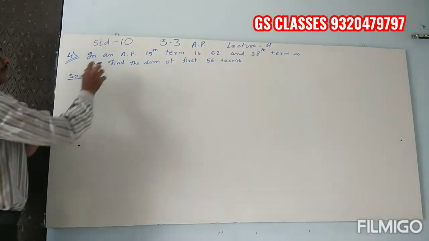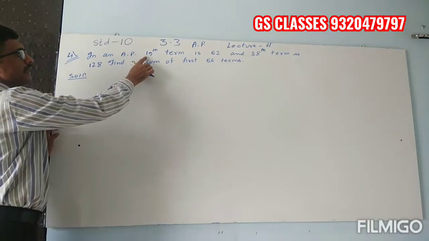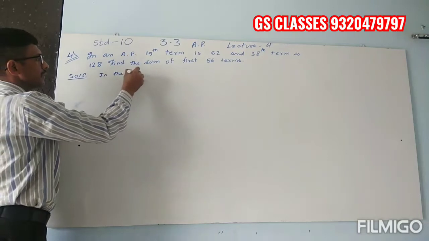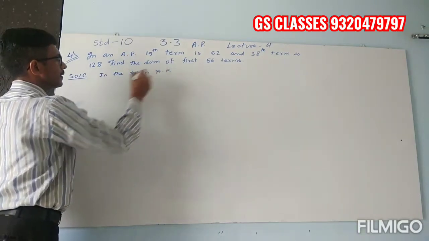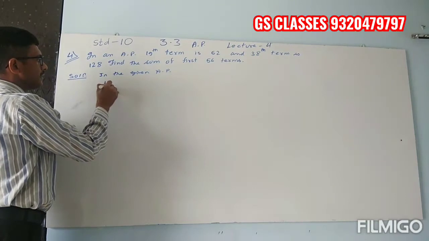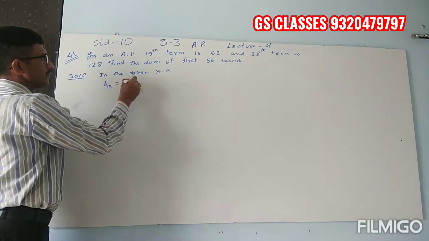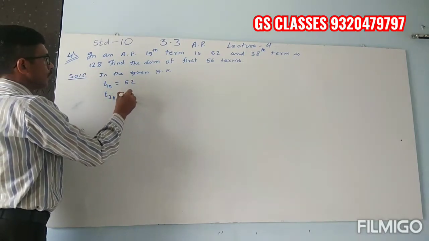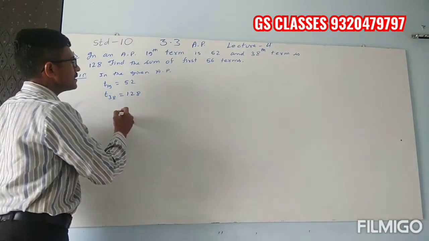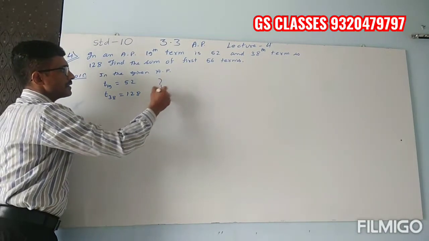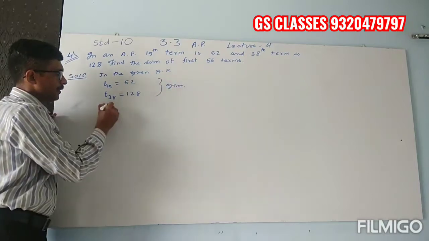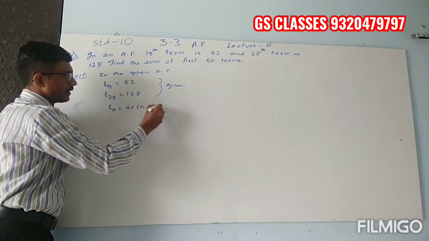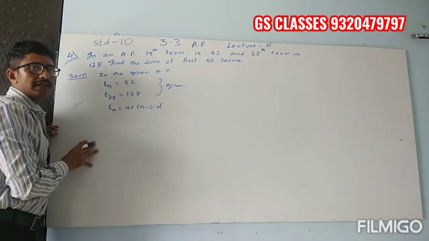Here they have given you in an AP the 19th term. So we will write, in the given AP, T19 is 52 and T38 is 128. This is the given information. You know that Tn is always A plus n minus 1 into D. That is the formula for Tn.